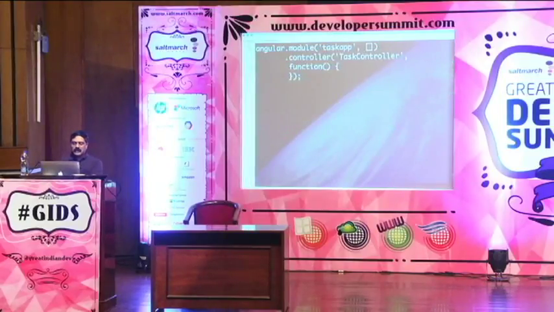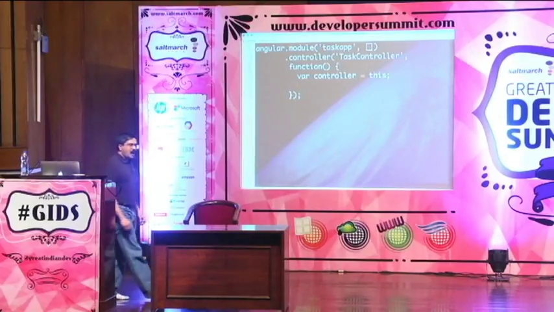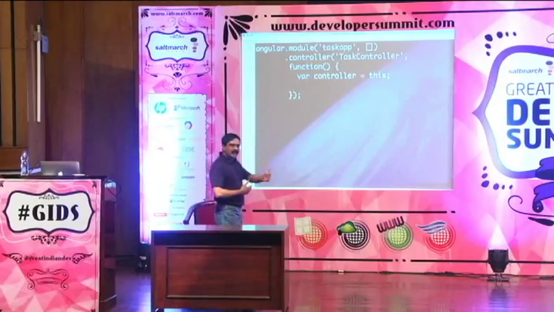So I go to the task controller. What am I going to do here? Well, this is another thing I like to do: I would normally say var controller is equal to this. Now this gives me an object where I can start putting in data.